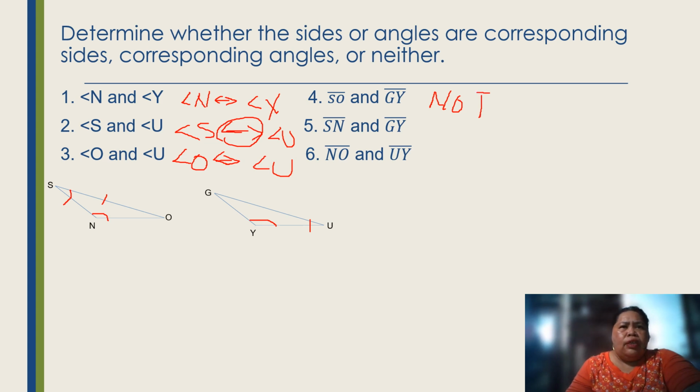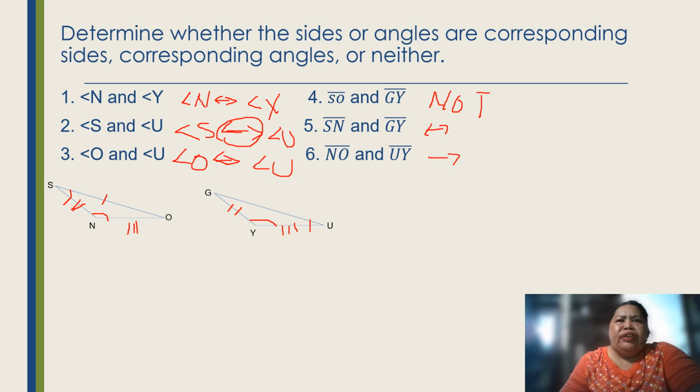Then SN and GY, these are corresponding. Then NO, this one, corresponding too. Right, next.